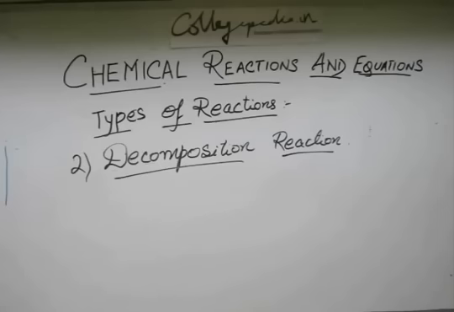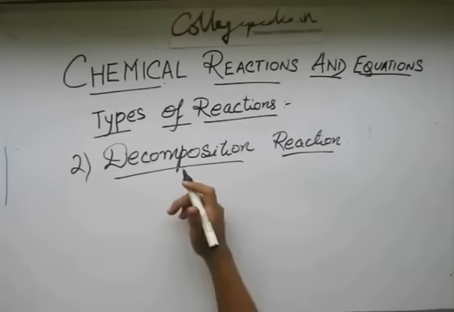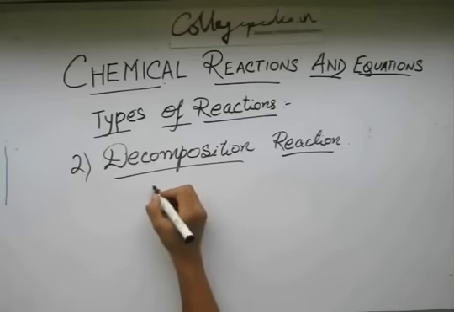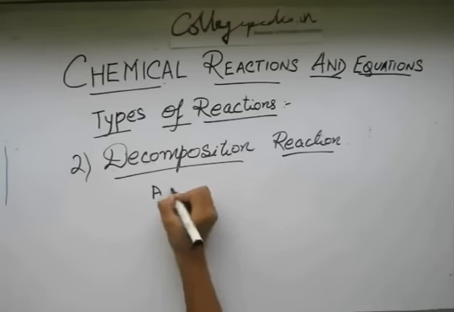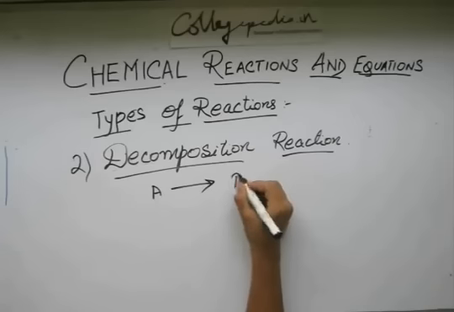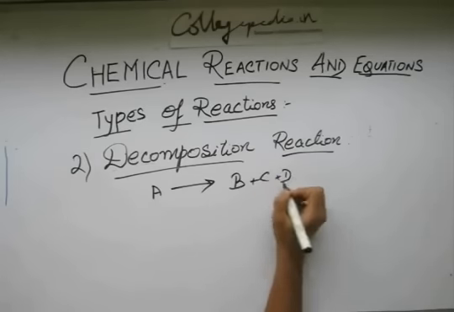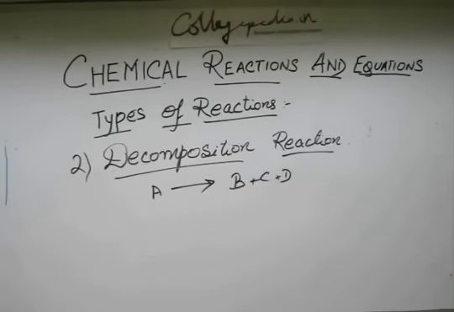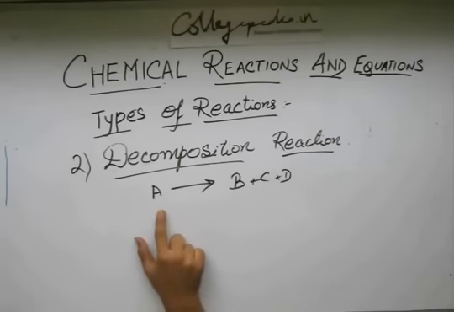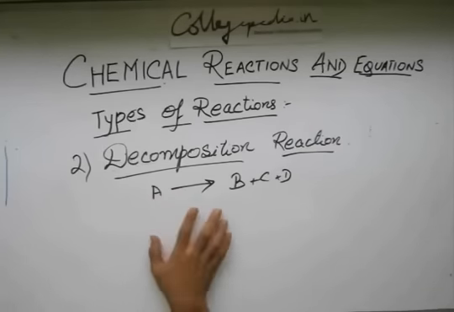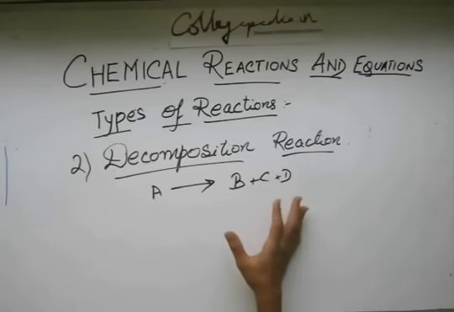Now, in decomposition, it is in one way opposite to combination reaction, because in this case you have a product A breaking into several other products, B plus C plus D, can be two or more products. So in combination you had two or more reactants combining to form one or maybe two products. In this you have one reactant breaking down to form two or more products.